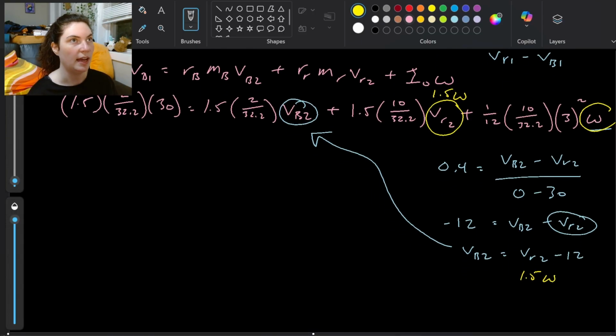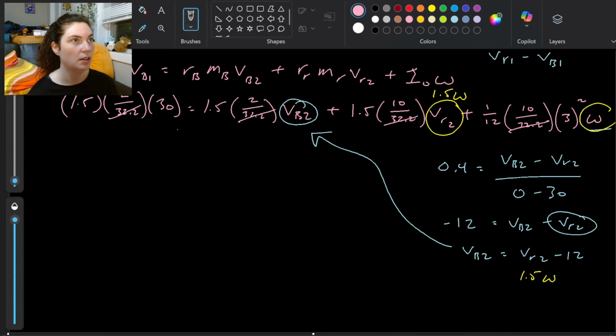So if I do that, let me write all of this out. I'm going to simplify things a little bit to help keep things straight. For example, one thing I can do to simplify is I see that every single term is over 32.2. So I'm just going to cancel all of those out. If I just multiply everything by 32.2, it disappears on both sides of my equation.